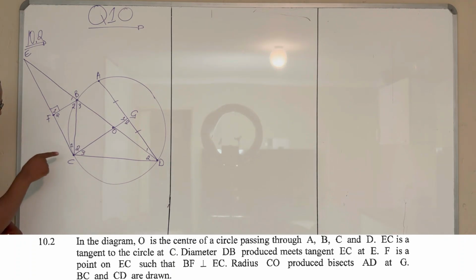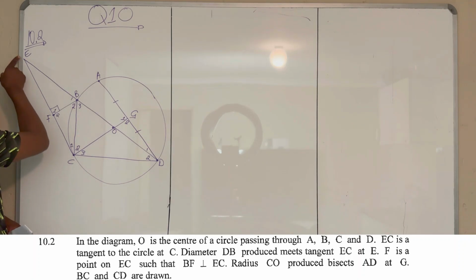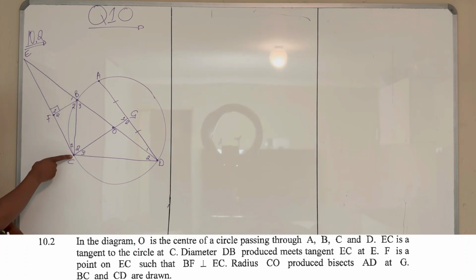So what is a tangent? Here's our tangent EC. A tangent is a line that touches your circle at one point. So which means this line EC only touches this circle at point E. So it is a tangent, right? No problem.